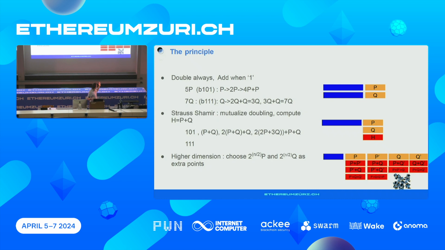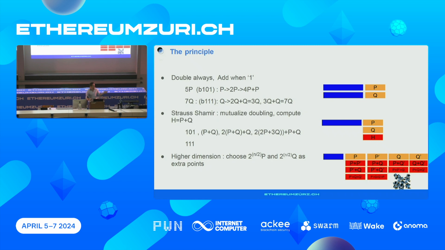Now if I look at this sum P plus Q, I have 1 point of precomputation H, and looking at each bit of the exponents, if there is a 1 on both lines, I will double and add the point H. If it's a 0, it's only a doubling, and if it's a 0 or 1 on one of the lines, I will add P or Q. Doing this, we mutualize all the doublings, and we keep the same number of additions.